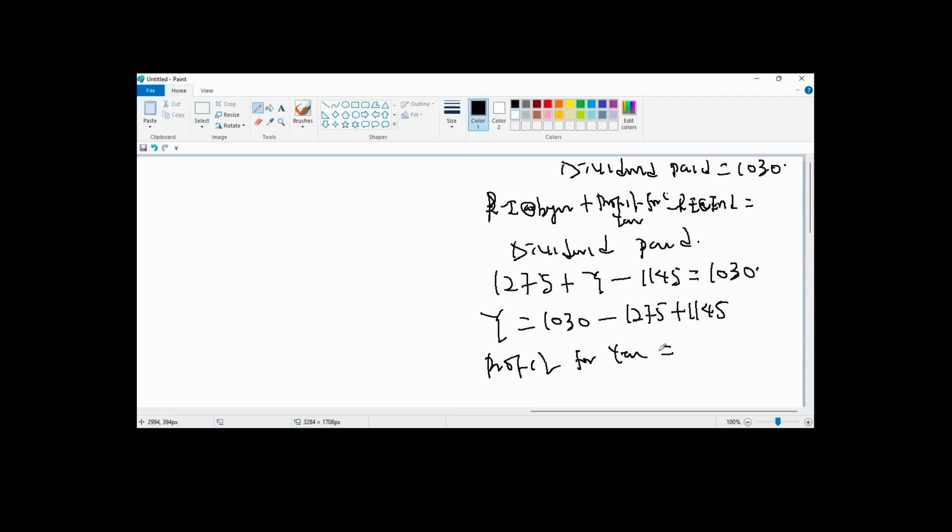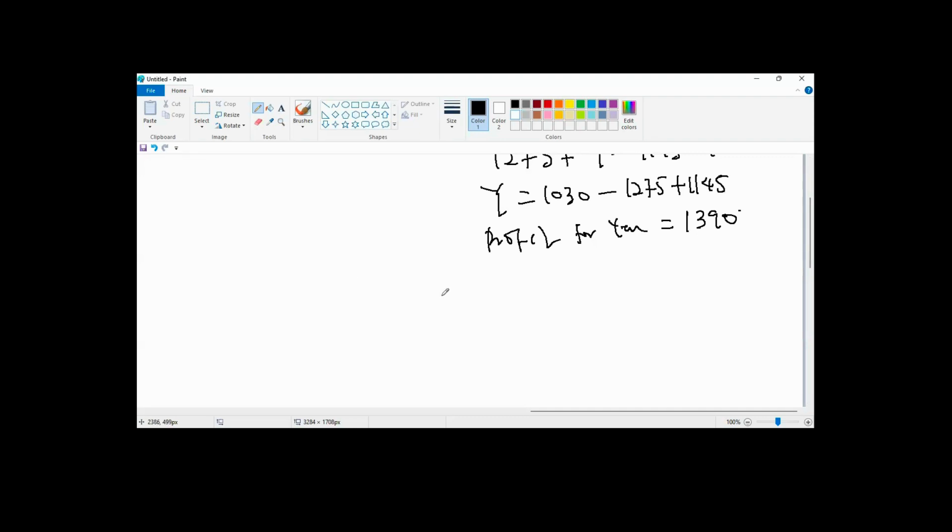Somebody give me a figure, please. 1390. Yes, sir, this is the profit for the year, 1390. I only need profit before tax. After I've got my profit for the year, I will now ask, what is the profit before tax? Don't forget, profit before tax minus tax equals profit for the year.